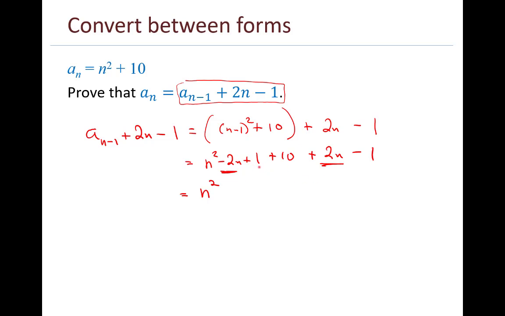And then my constants, 1 plus 10 minus 1, just leave me plus 10. But look at this. This n squared plus 10 is really just a sub n. So I've done it. I've shown that a sub n minus 1 plus 2n minus 1 equals a sub n. That was exactly what I wanted to prove.